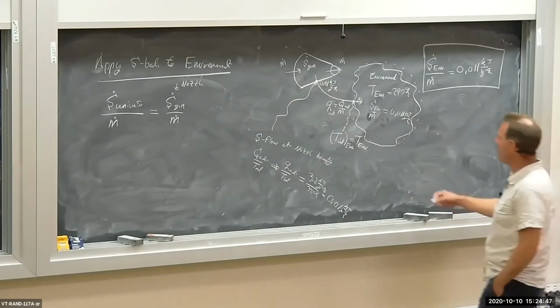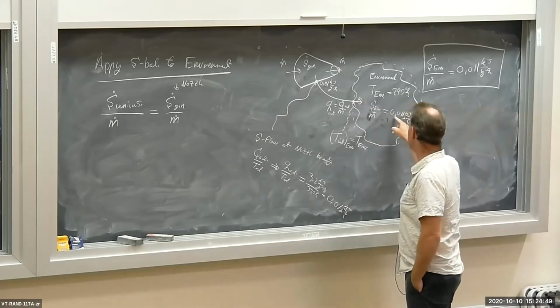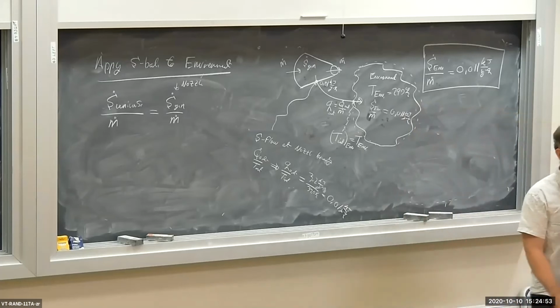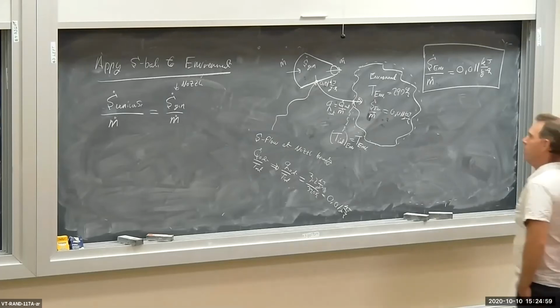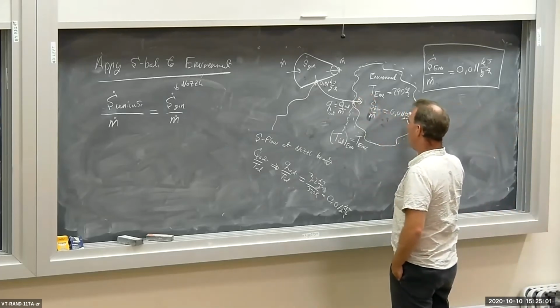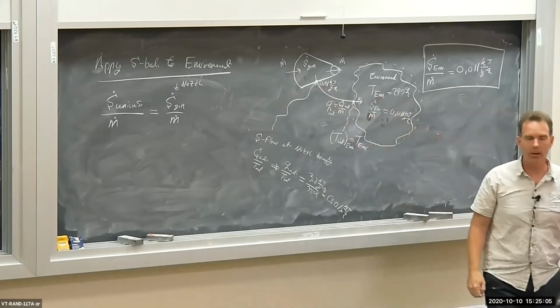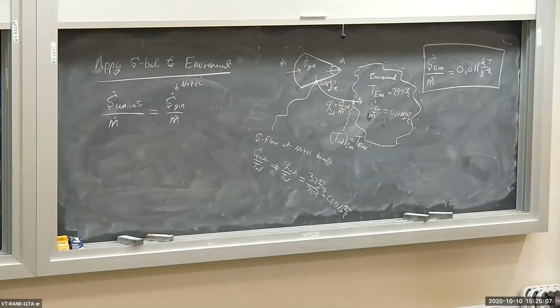But it's entering the environment at 0.011 kilojoule per kilogram degree Kelvin. So the amount of entropy flowing into the environment is greater than the entropy flowing out of the nozzle. What is going on? Let me draw this one more time.